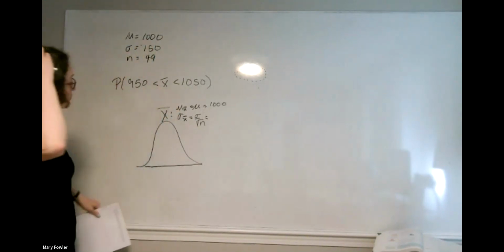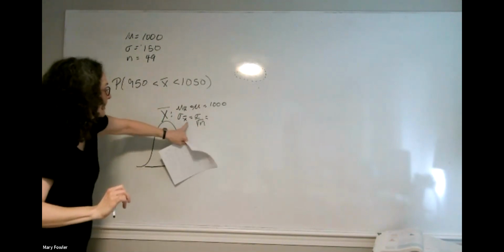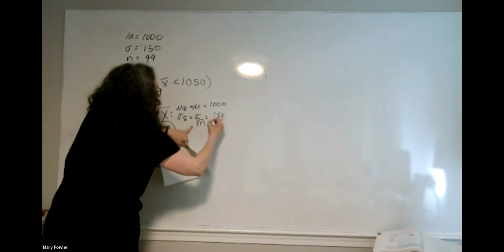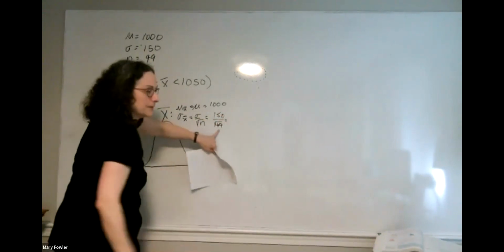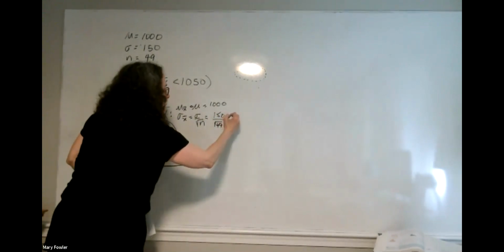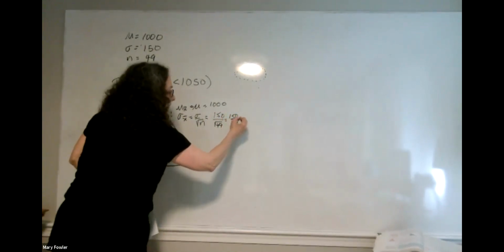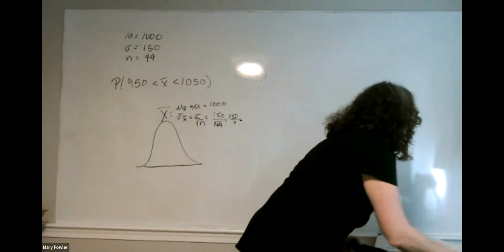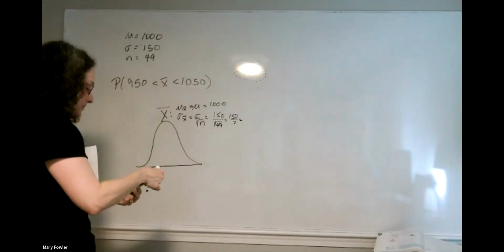So substituting in, sigma sub X bar is 150 divided by the square root of 49, 150 divided by 7. Let's get that to 2 decimal places, one more than is given in the problem statement.